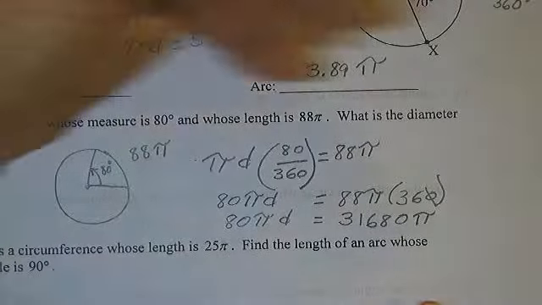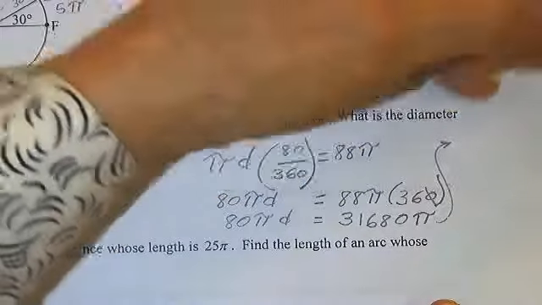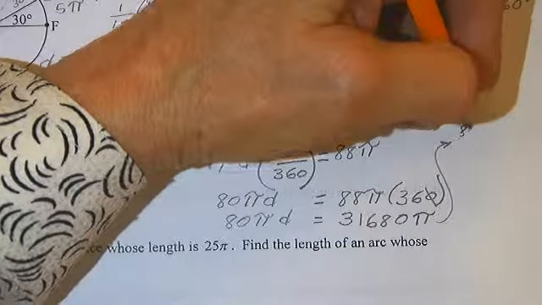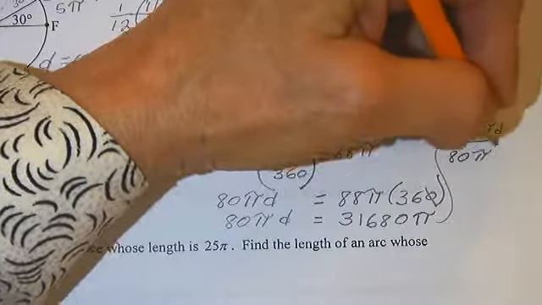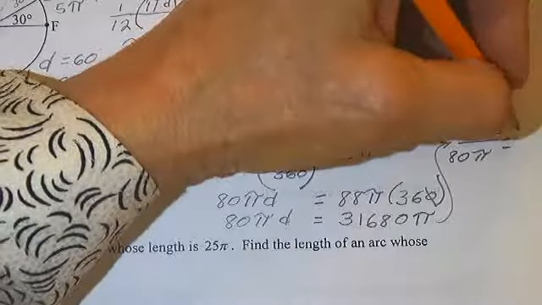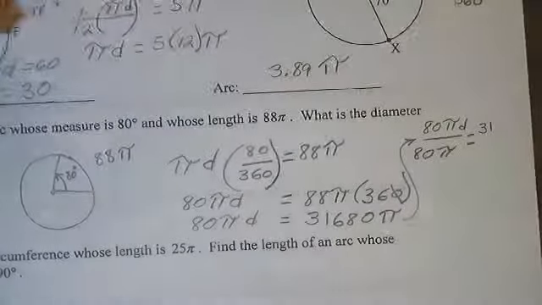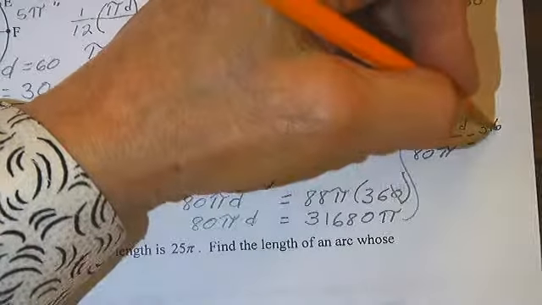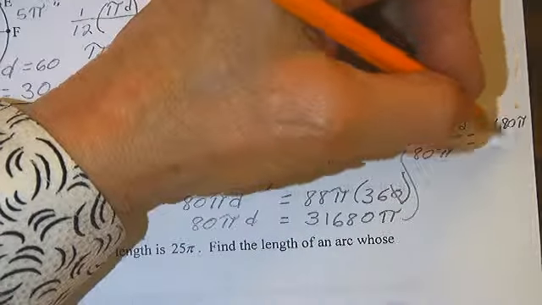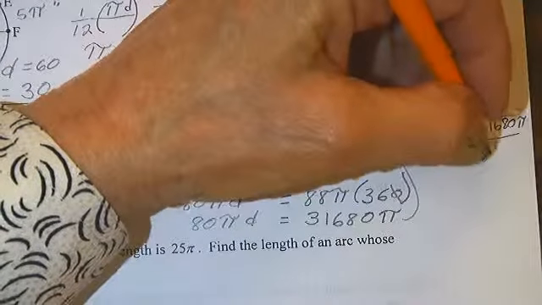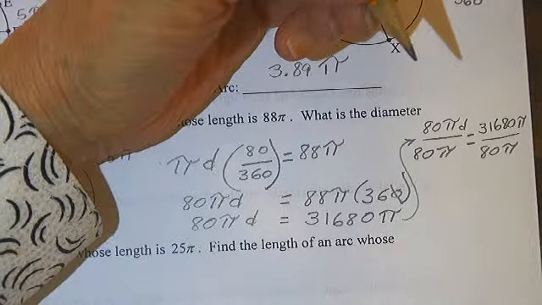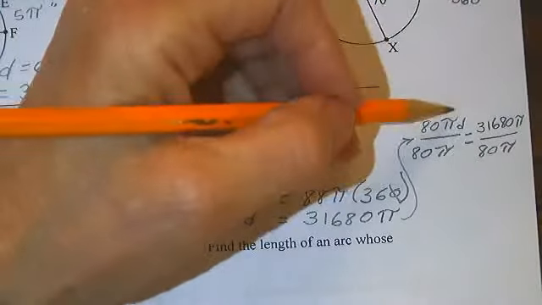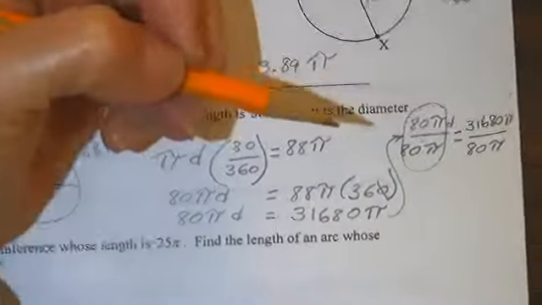Now I divide both sides of my equation by 80 pi. 80 pi times the diameter divided by 80 pi is the same as 31,680 pi over 80 pi. 80 pi divided by 80 pi is 1.